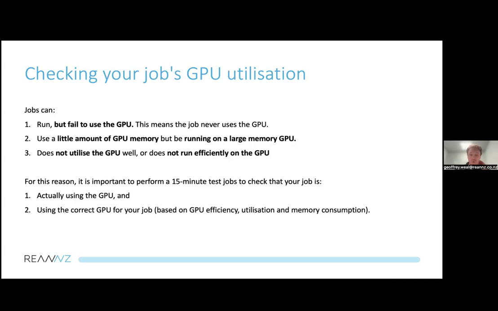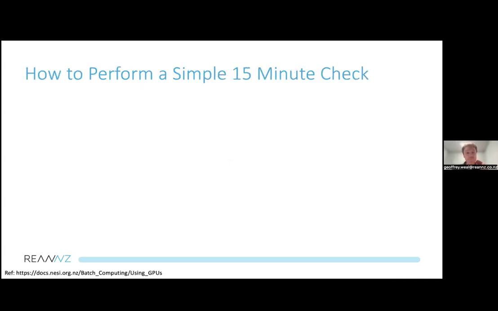In particular, what we're going to talk about today is how you can perform some very simple 15-minute test jobs to check that your job is actually using GPUs, as well as using the correct GPU for your job based on your GPU efficiency, utilization, and memory consumption.